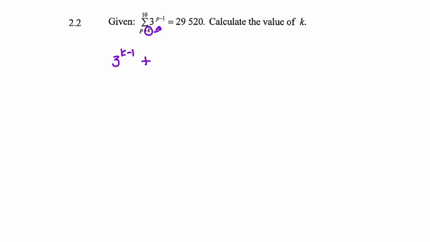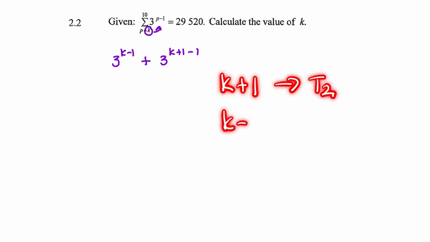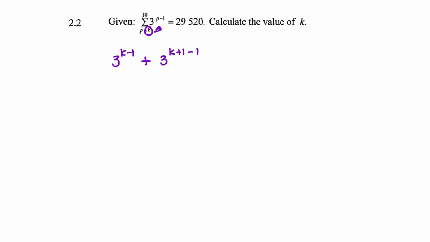And I'll add it to the second term, which is 3 to the power of k plus 1 minus 1. Because the first term in the series is k, the term after k would be k plus 1. So that'll be the second term. And the third term would be k plus 2, and the fourth term k plus 3, and so on.